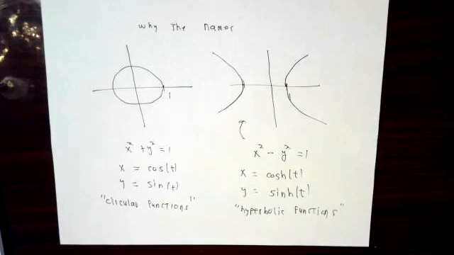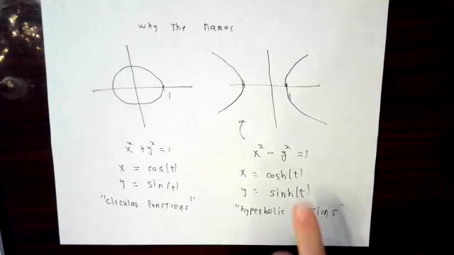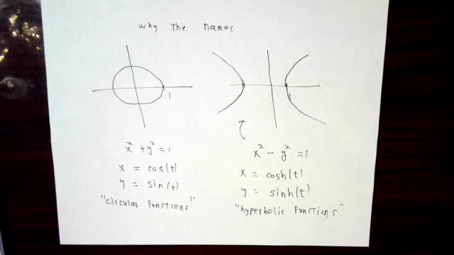So why the names? On the unit circle, x squared plus y squared is 1. And because of the way we defined the trig functions, x is cosine of t and y is sine of t, t secretly being theta for the angle. On the other hand, if you look at the graph of x squared minus y squared equals 1, this is not a circle anymore, but a hyperbola. I can think in the same way, though, if I want to represent x and y as functions of some other parameter.